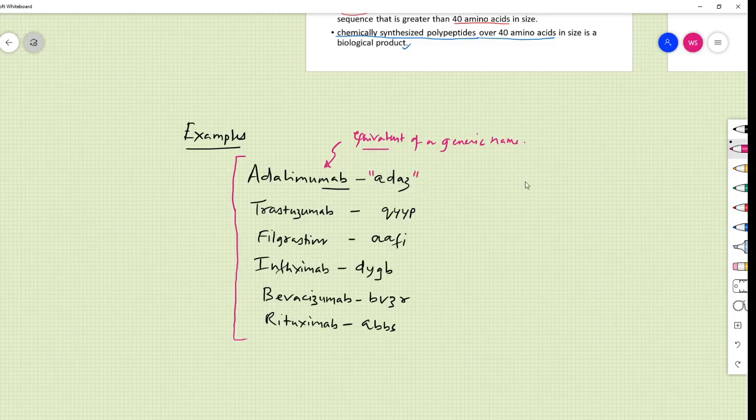So this is the requirement for naming, and that is how biosimilars are named.